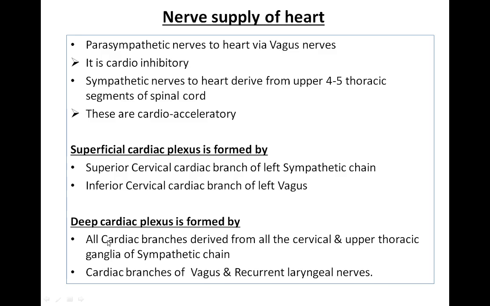The parasympathetic component is derived from the vagus and the recurrent laryngeal, which is actually a branch of the vagus.